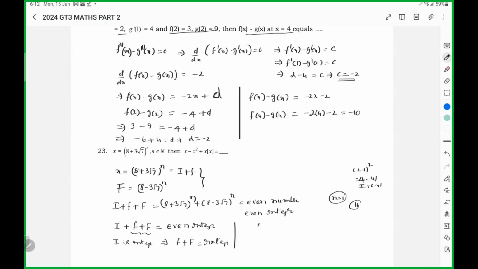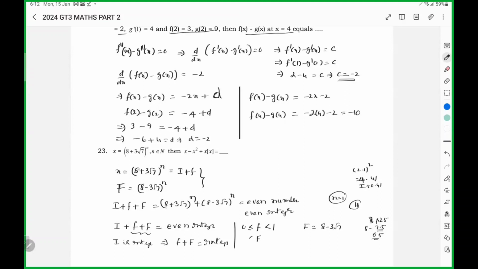We know that f is a fractional part. Capital F also, 8 minus 3 root 7. It's almost 3 into 2.5 something, you get 7.5. That you subtract from 8, 8 minus 7.5 means 0.5.